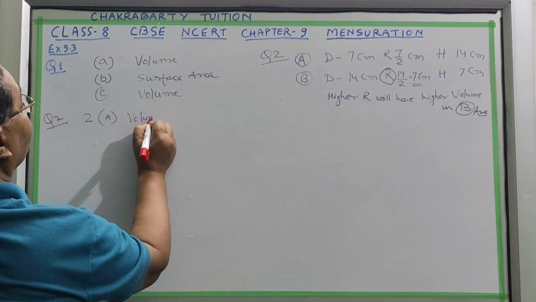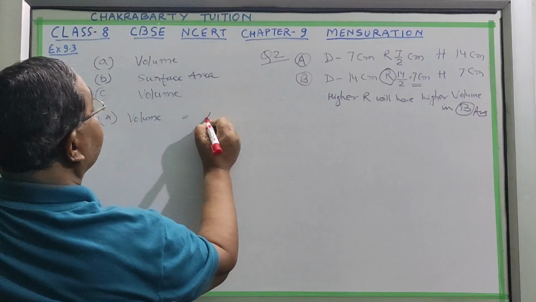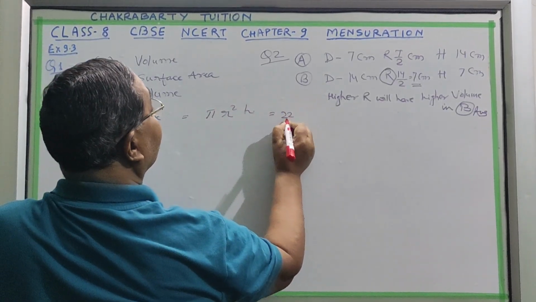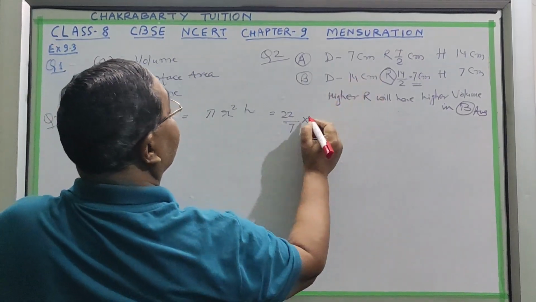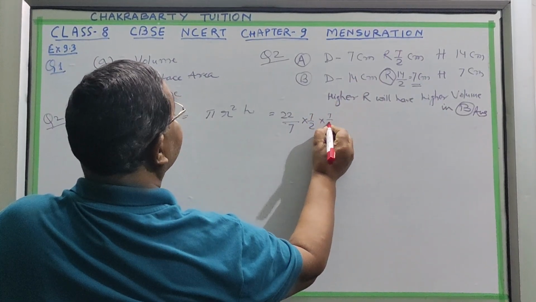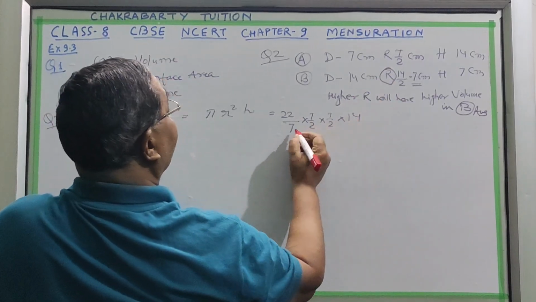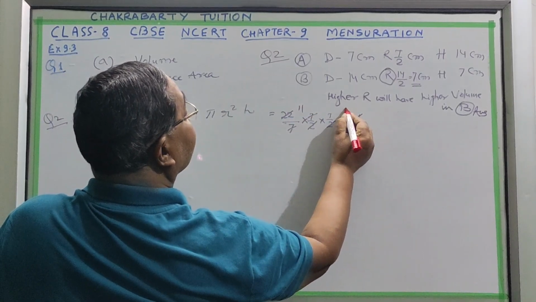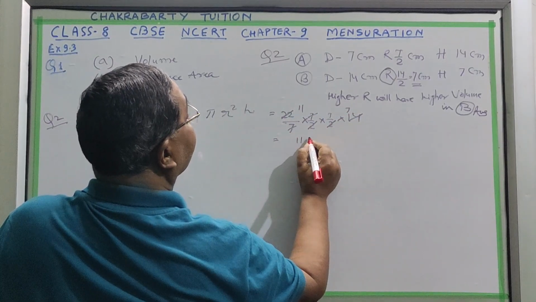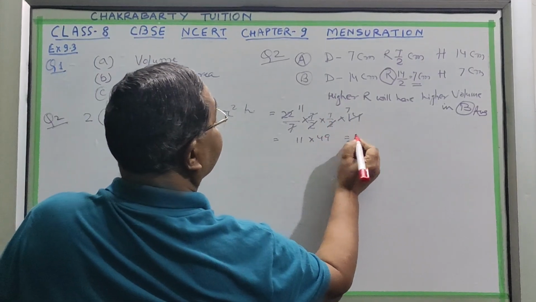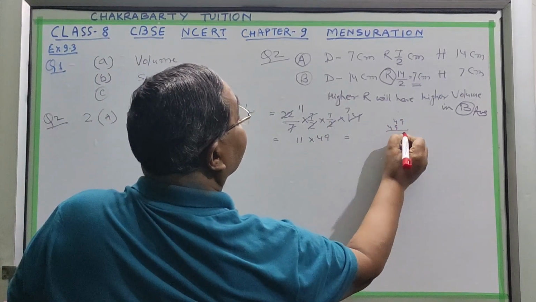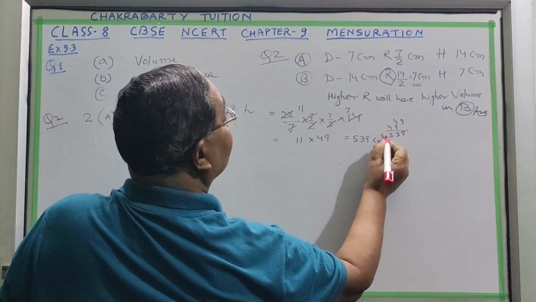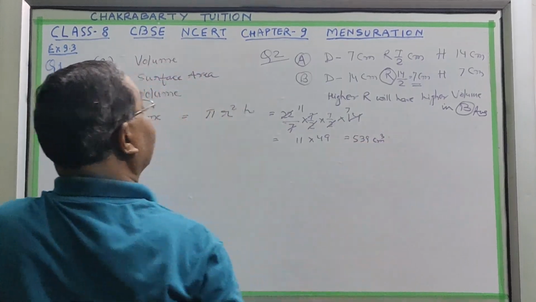Volume of cylinder is pi r square h, equal to 22 by 7 into 7 by 2 into 7 by 2 into 14, which is equal to 539 cm cube.